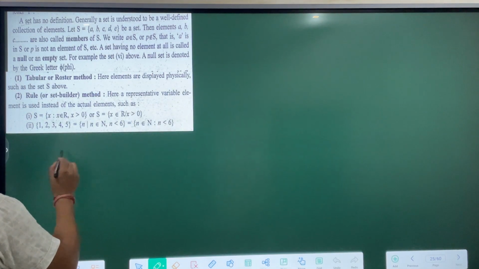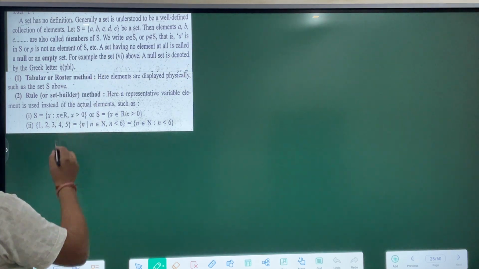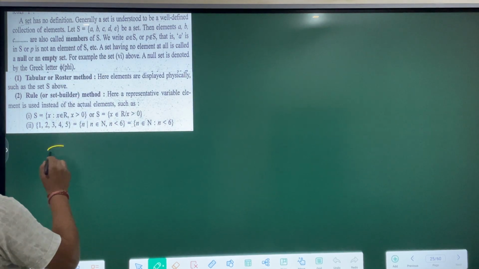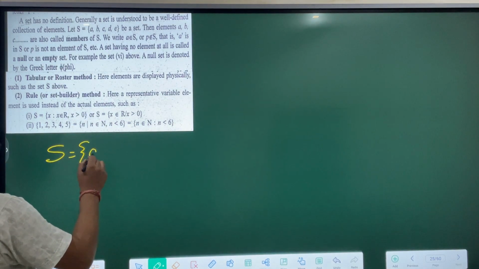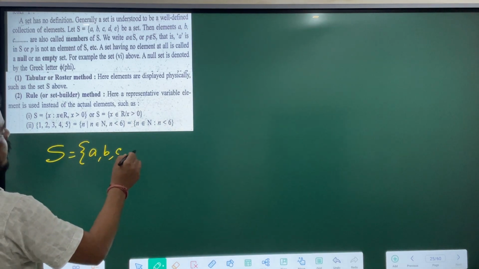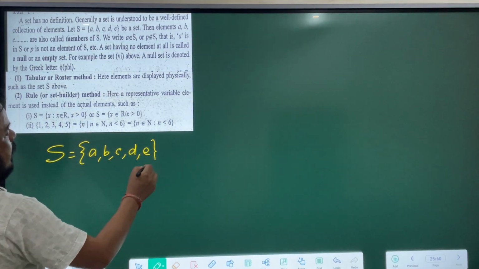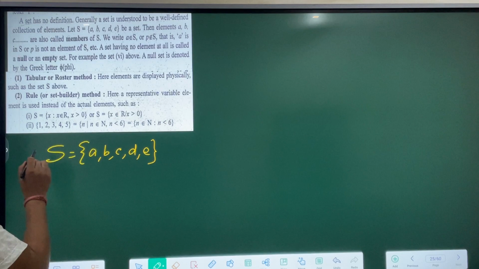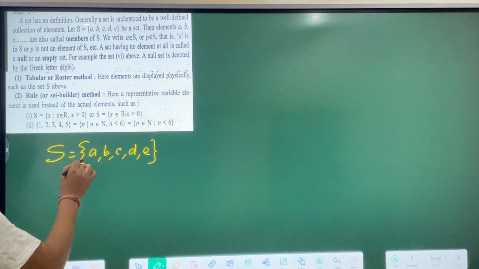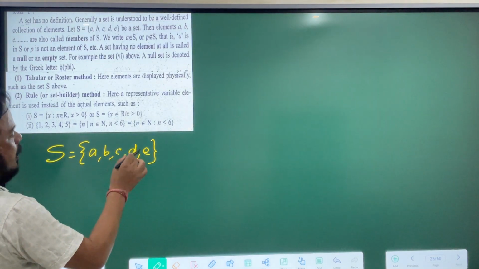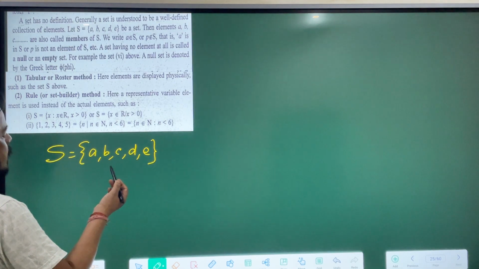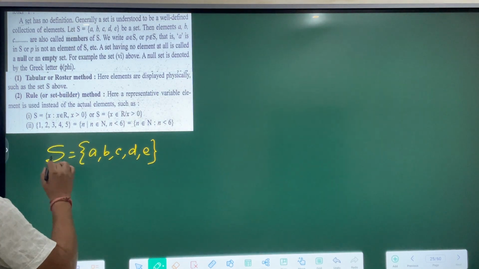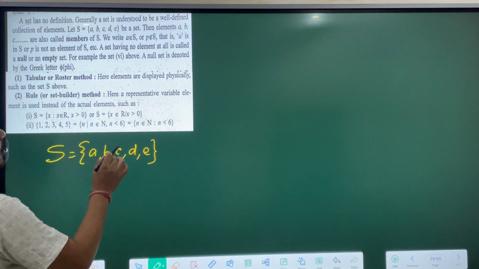Now generally here there is one example given. S = {A, B, C, D, E}. The name of the set is S. Elements are A, B, C, D, E. If anybody asks how many elements are there in set S: 1, 2, 3, 4, 5.